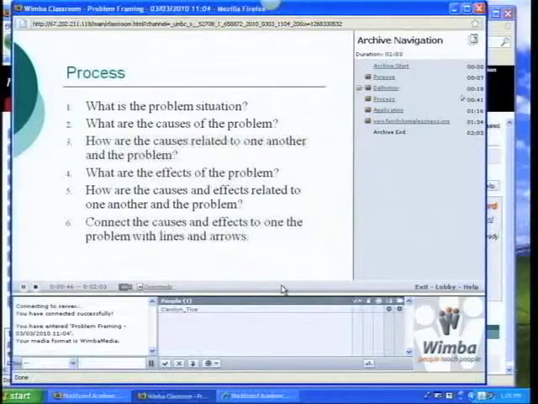It begins with understanding the problem situation and listing it, then thinking about all the causes related to the problem and how those causes interact with one another and the problem in particular. Once you've done that, think about the effects of the problem, the relationship between the various effects, and also the relationship between the causes and the effects. You can map or indicate those relationships with arrows and lines.